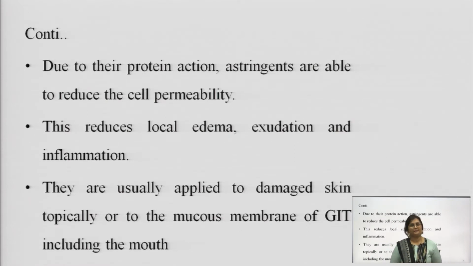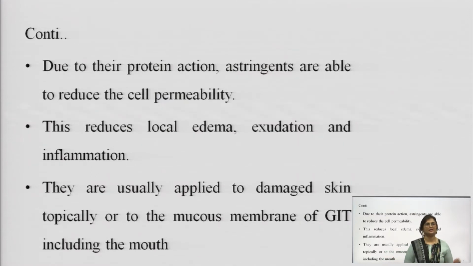They are usually applied to damaged skin topically or to the mucous membranes of the gastrointestinal tract, including the mouth. So where are astringents applied? What are the areas where astringents show their action? They are applied to damaged skin.